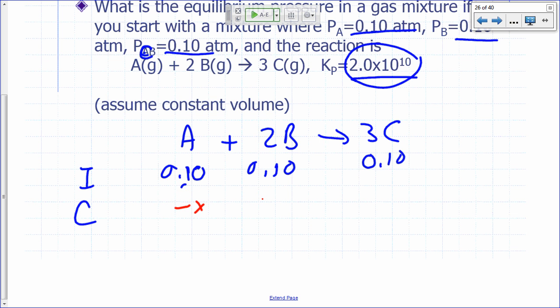How many moles of B am I going to lose? 2X, right? How many moles of C am I going to make? 3X, right? Now, what should my X be so that my limiting reactant would be used up? It goes all the way.